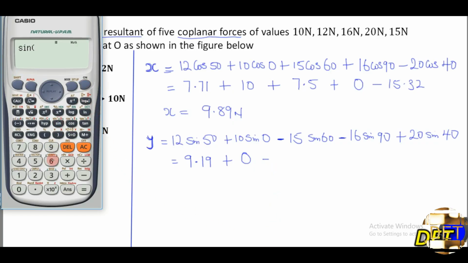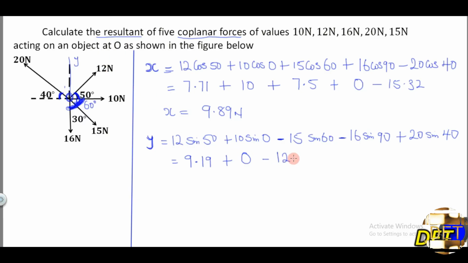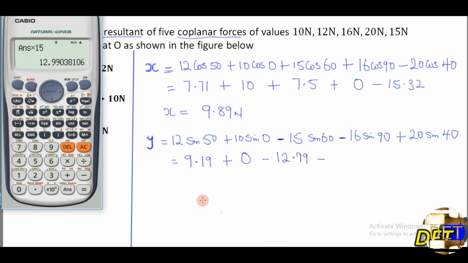sine 60 is equal to what? 0.866 times 15 is equal to what? 12.99, right? So that will be 12.99 minus sine 90 would give me 1 times 16 will give me 16, right?